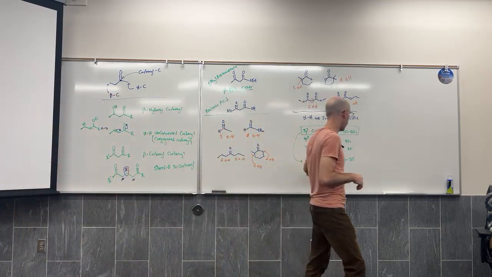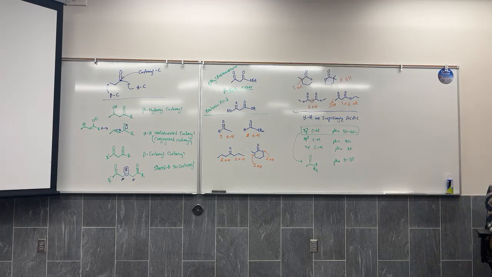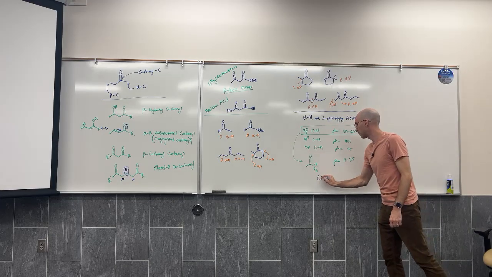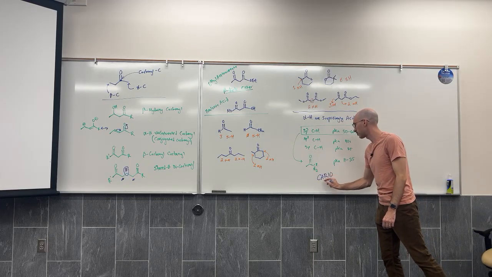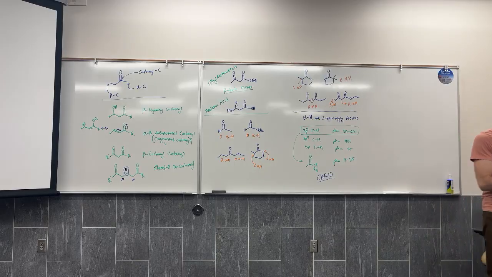So can you tell me why an sp3 carbon becomes more acidic than an sp carbon just by being alpha? What reasons could give us this? By the way, you might want to reason using our trends like CARIO.